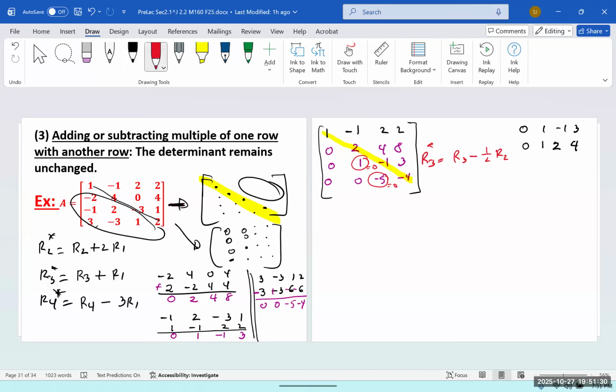And when you subtract, the sign changes. Minus, minus, minus, minus. So you get 0, 0, negative 3, negative 1. So 1, negative 1, 2, 2, 0, 2, 4, 8, 0, 0, negative 3, negative 1, 0, 0, negative 5, negative 4.